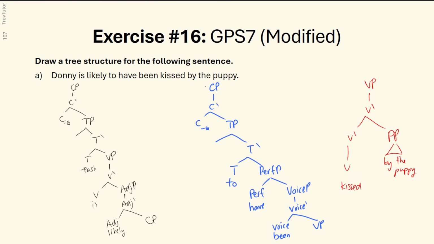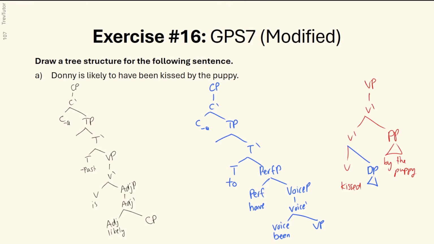Okay, so if we're thinking about where these go, these just follow along into these spots. But I want to remove those arrows because we're going to use arrows for movement. So first of all, "Donnie is likely to have been kissed by the puppy." So what we have is a theme here.